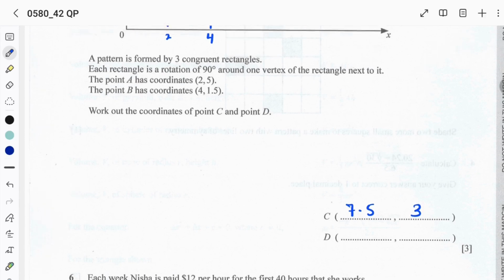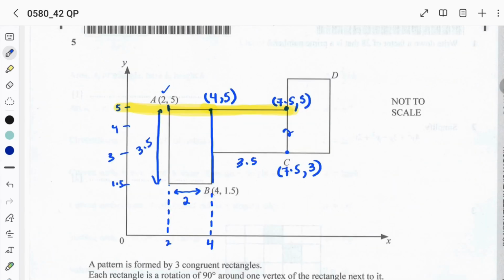We are just finding out what the coordinate D is. So we are moving to D now. Before we find out D, we have to find out this coordinate. Alright, so obviously it is the same 3 for the Y coordinate, because it's in the same line. Okay, that is 3.